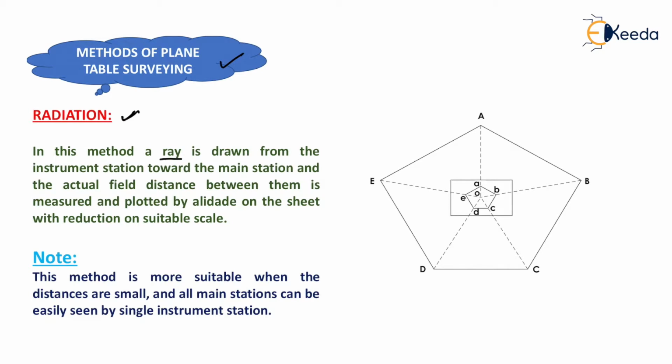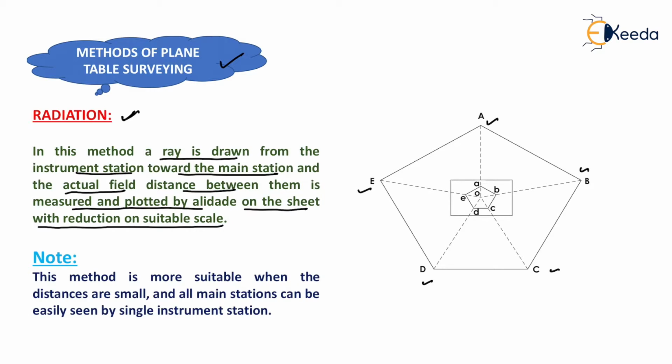Now in this method, a ray is drawn from the instrument station towards the main station and the actual field distance between them is measured and plotted by alidade on the sheet with reduction on a suitable scale. Now here a traverse is shown, that is A, B, C, D and E, and all stations are accessible and we can measure the distance between A, B, B, C, C, D, D, E, E, A. Now we will select a point which is at the center of this area.